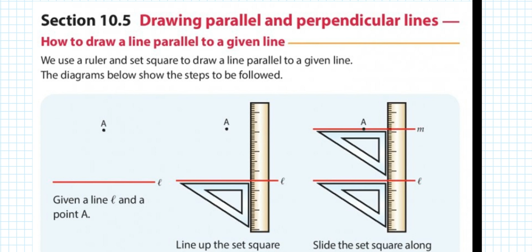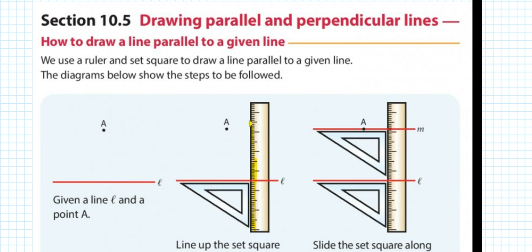So if you're given a line and a point A like this, and you want to draw a line that is parallel to this line but also goes through A, what you do is you set your set square parallel to the line that you want to draw parallel to.